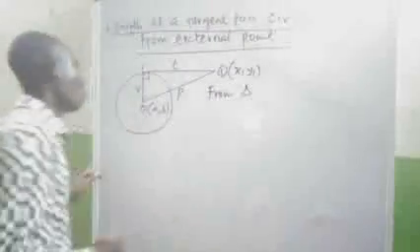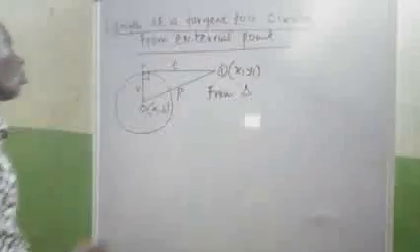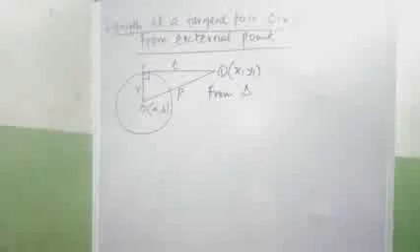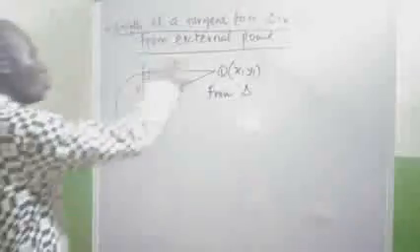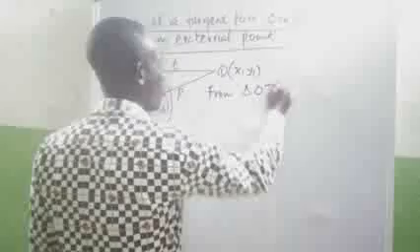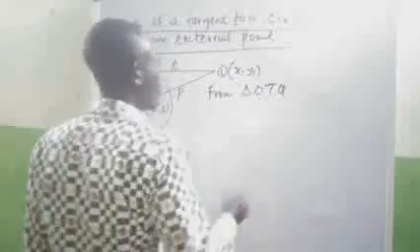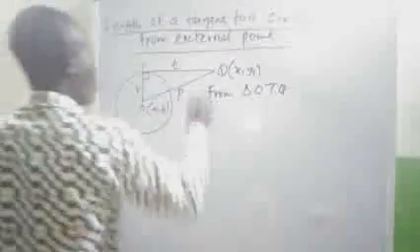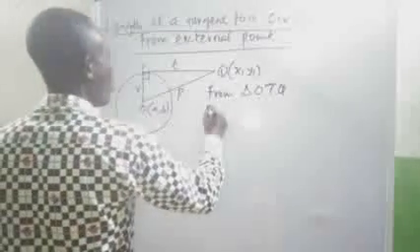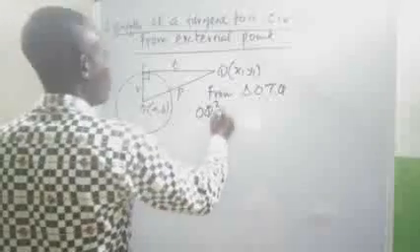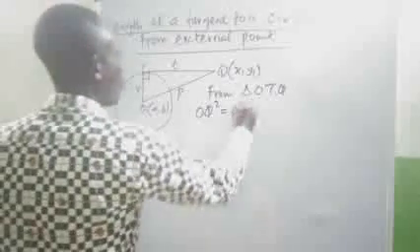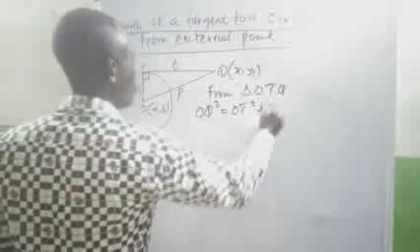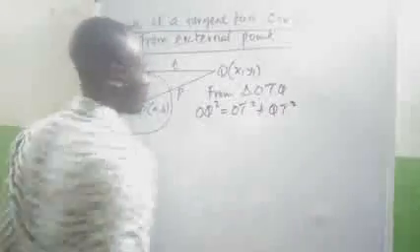Now, from the triangle OTQ, this triangle OTQ, we have OQ square is equals to OT square plus QT square.